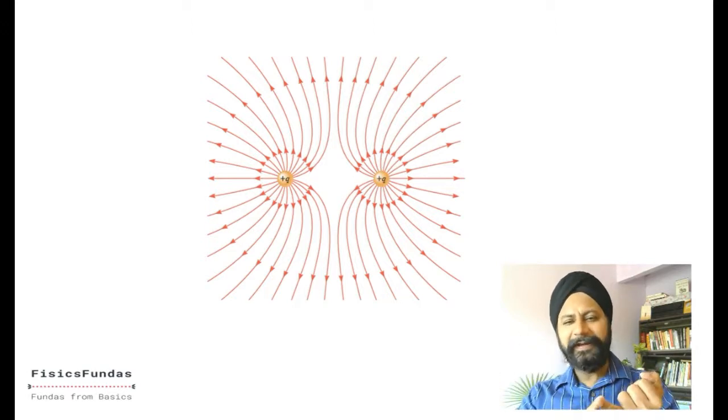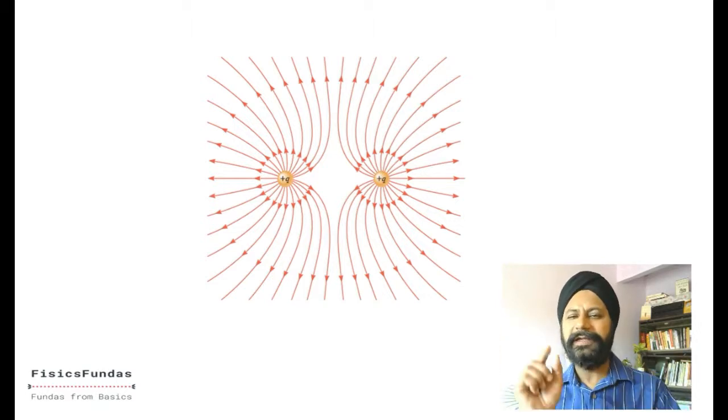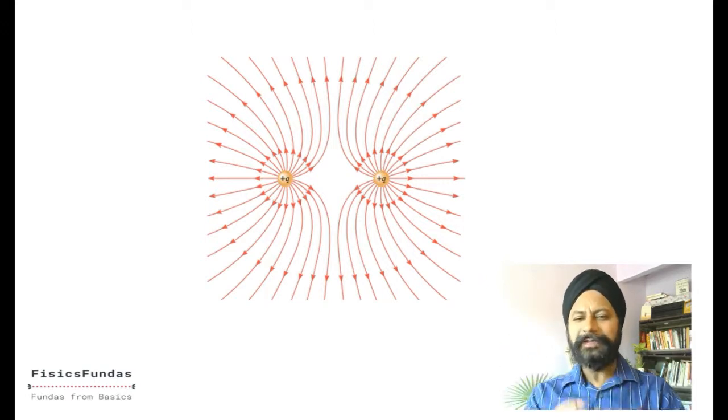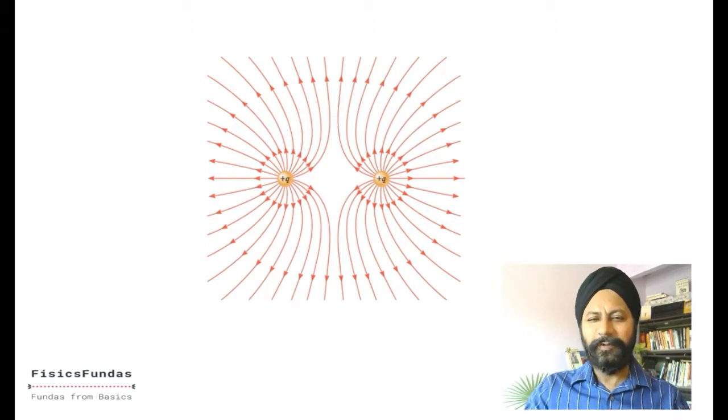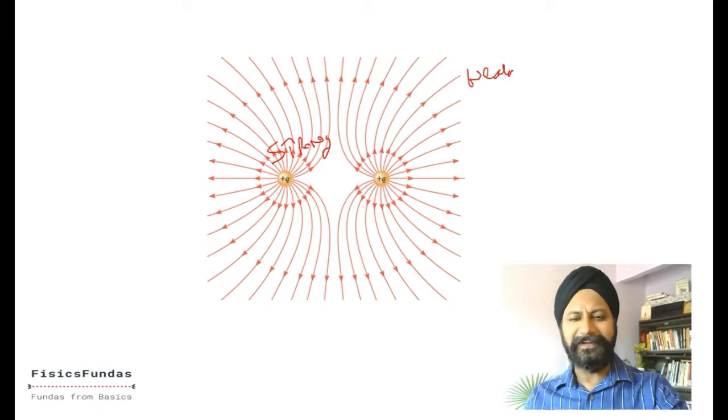So electric field lines, let's summarize. Electric field lines give you the direction of force experienced by positive charge over there. Now, the closer these are, the stronger the field is. So you can see in this zone here, this is a strong field, this is a weak field, right? So that's the whole point.